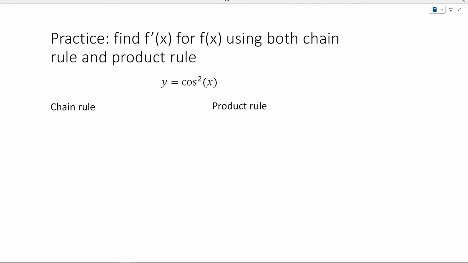Here, find the derivative of cosine squared x, and I'm telling you to use the chain rule and the product rule to do this.